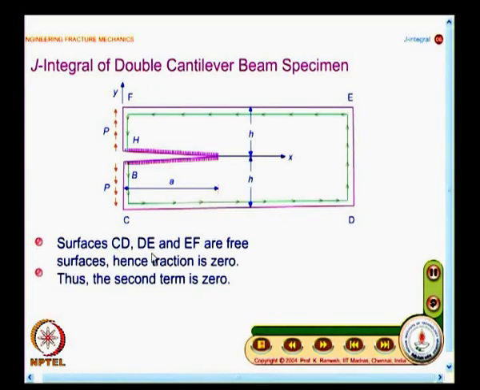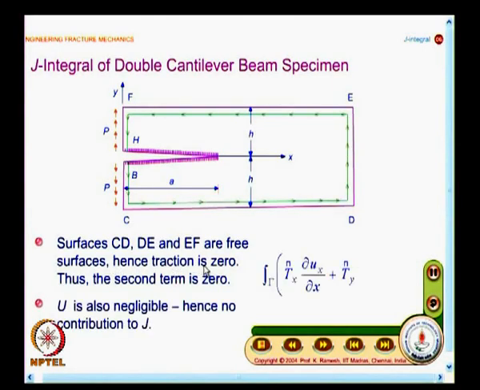Surfaces CD, DE and EF are free surfaces, hence traction is 0, thus the second term is 0, and the second term we have already seen in an expanded form, because traction is 0, the whole term goes to 0.